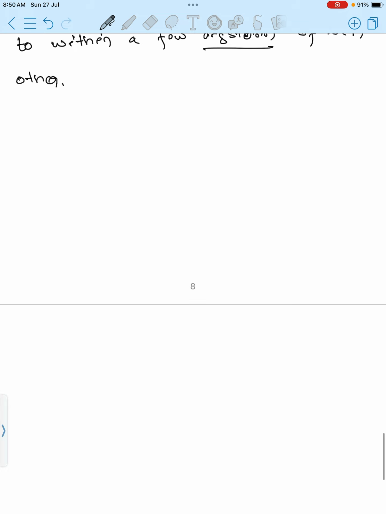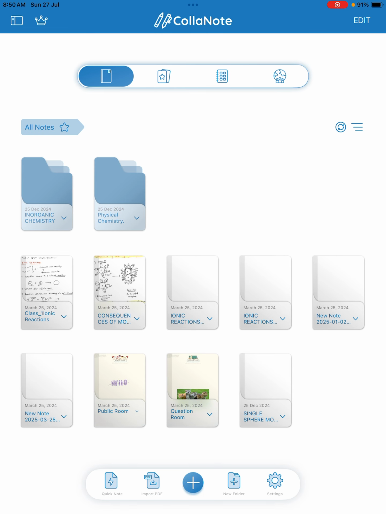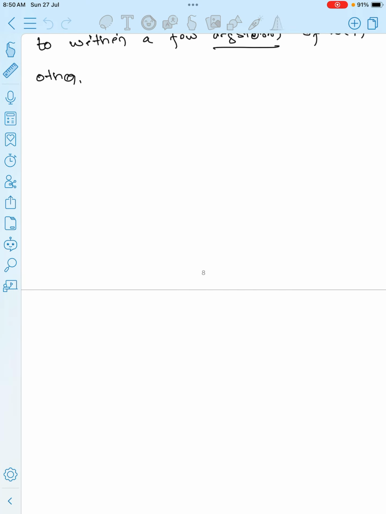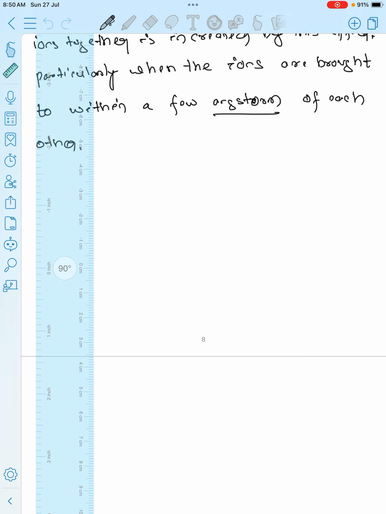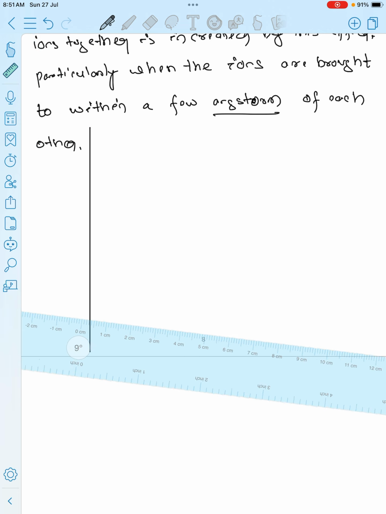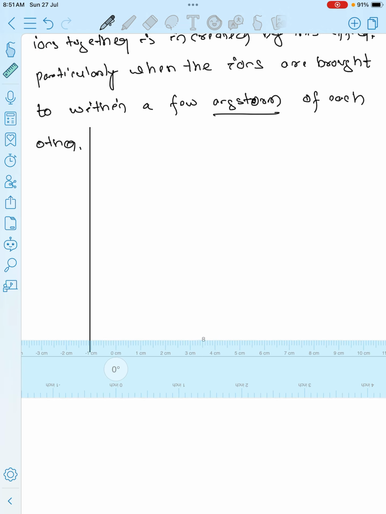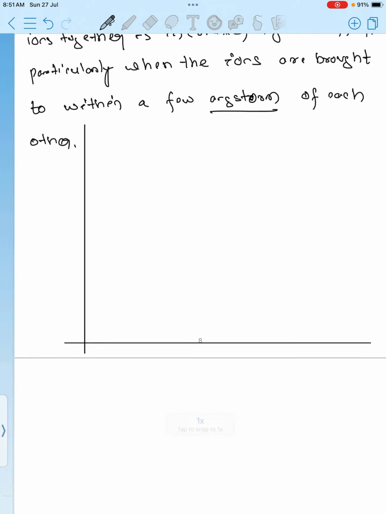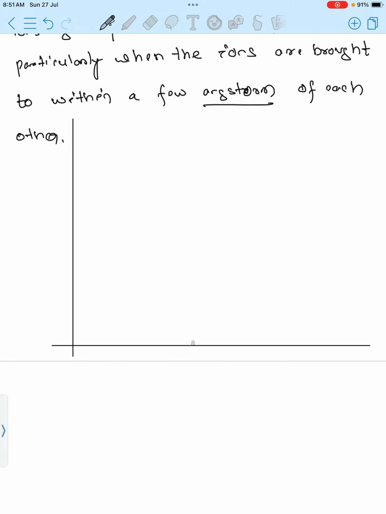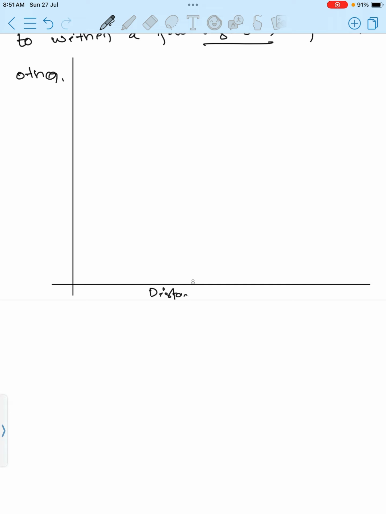Okay, let us see the variation. Let us say this is the distance from the ion, and the value is written in angstrom units.